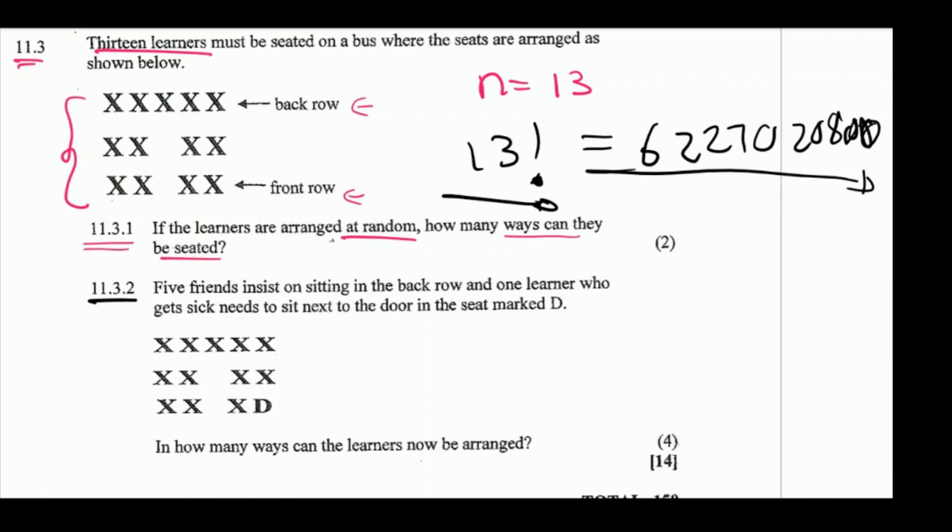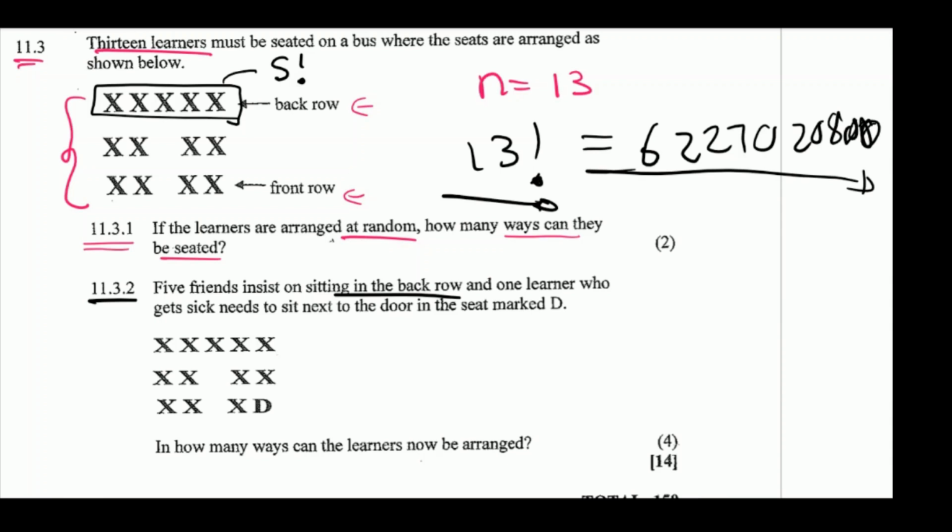And then 11.3.2, if 5 friends insist on sitting in the back row, so if these 5 friends want to sit here in the back row, the total of these friends is 5, so let's say it's 5 factorial, because they can sit on any seat as long as they fit as a 5 number.